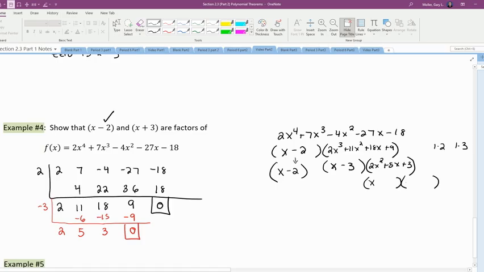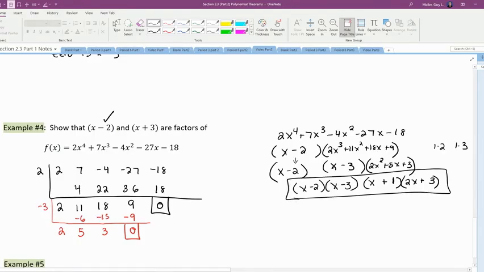So I'm going to do x and 2x, and 3 and 1, both of them plus. I get 2x squared, I get 3x, I get 2x makes 5x, and I get 3. That tells me that this is going to factor all the way down into this.